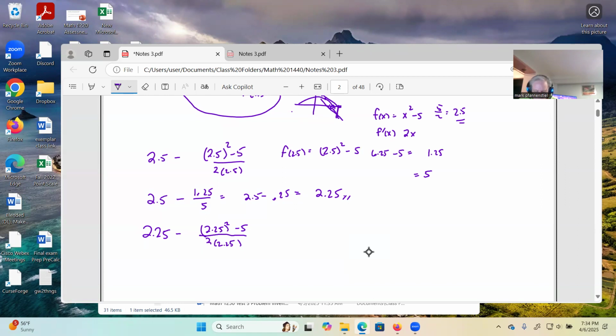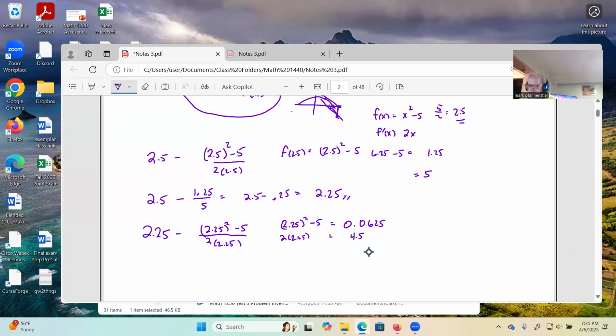So here, I got 2.25 squared minus 5 for my trouble on that one, and I think I got 0.0625.